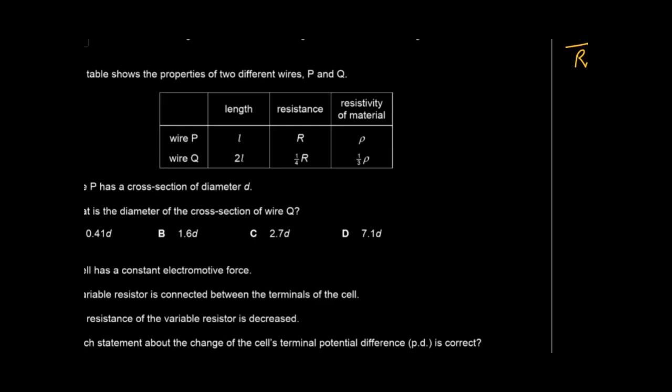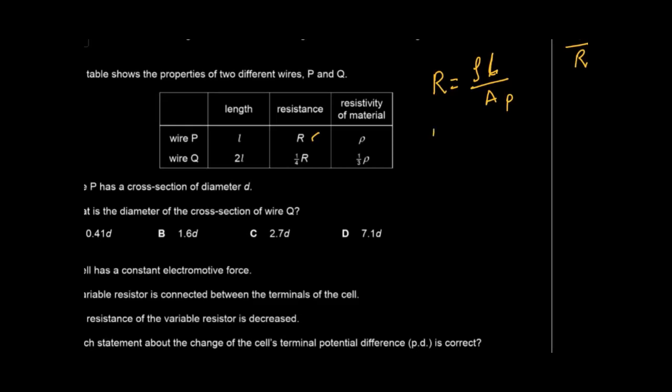So we know that R is equal to rho L upon A. For wire P we can write R is equal to rho L, the length is L, and A is the area of wire P.